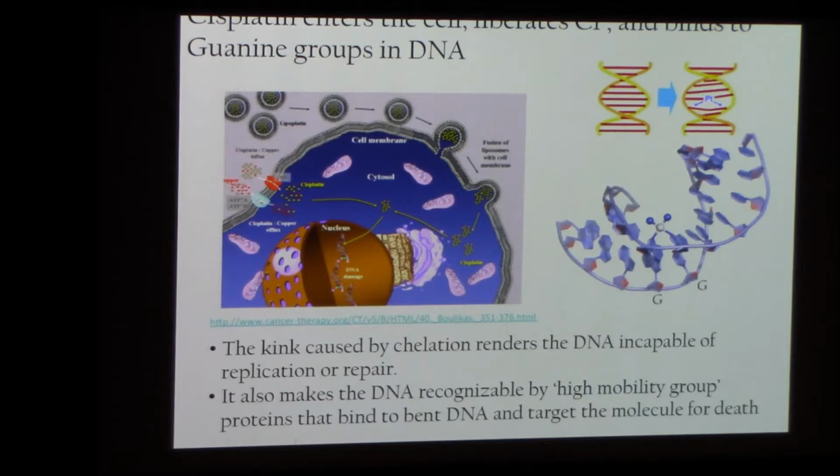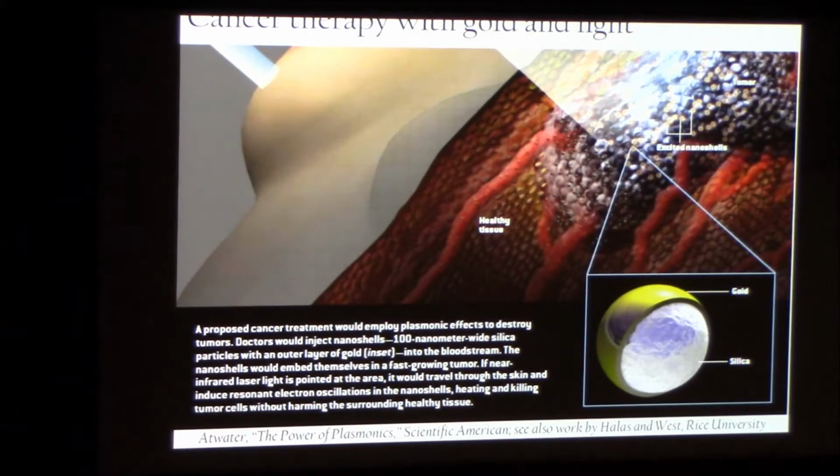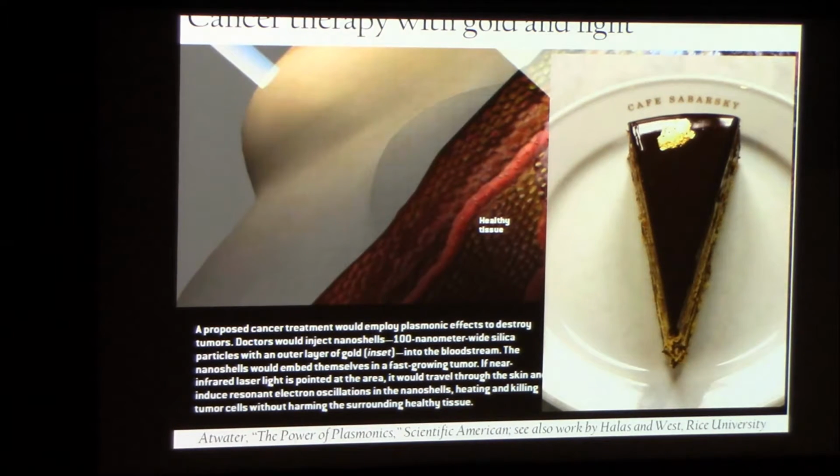So instead, what some of my colleagues at Rice University have worked on are making gold nanoparticles with a silica core that rely on that light-based cancer treatment. And you may say, well, why do I know nanoscience is better than this molecule? First of all, gold is extremely biocompatible, and in fact, if you've had a fancier pastry before, you've probably ingested some form of gold on gold leaf.